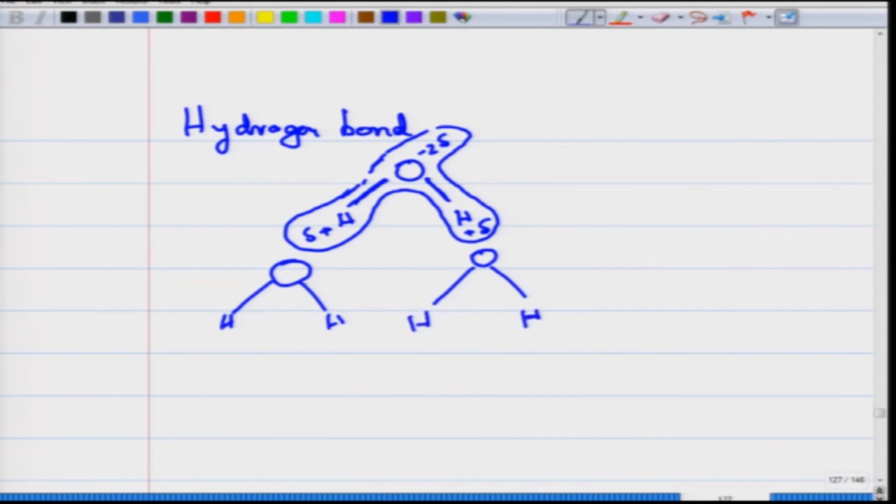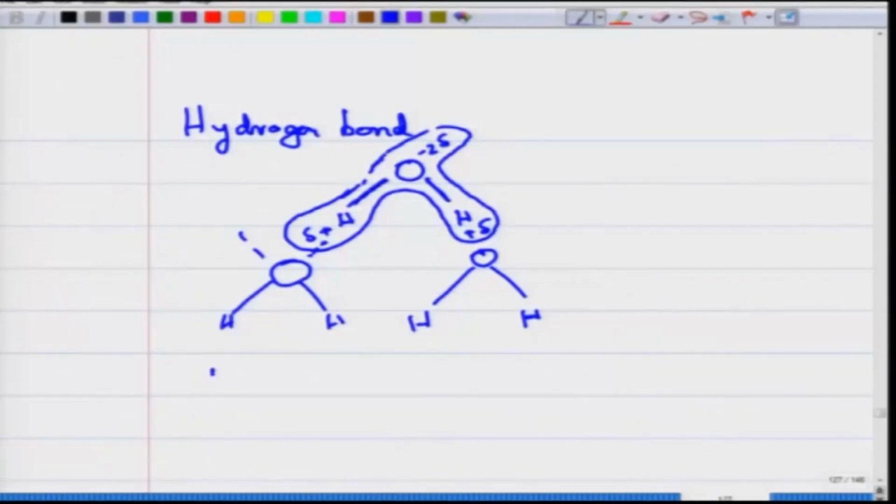So the electron cloud of an adjacent molecule, for example another water molecule, gets attracted towards the hydrogen end, and this leads to hydrogen bonding, and it can lead to an ordered structure of the water molecules, which can then organize itself into a lattice. This type of hydrogen bond is very well known in organic compounds. So, by using these different types of chemical bonds, you form a solid.